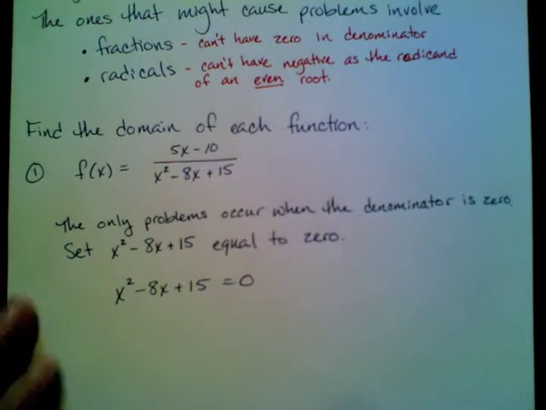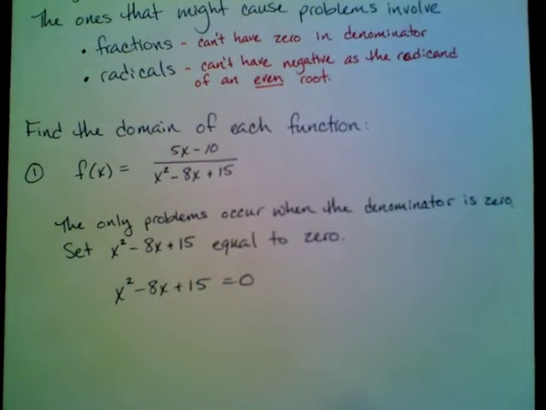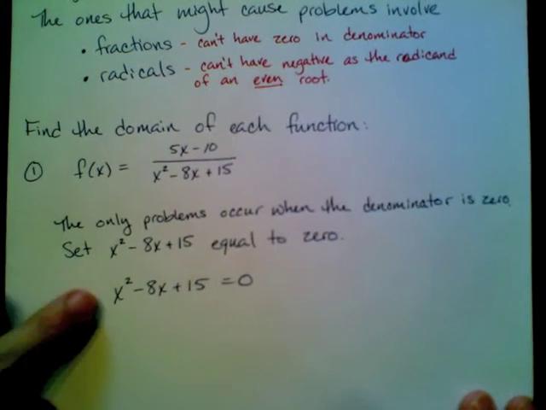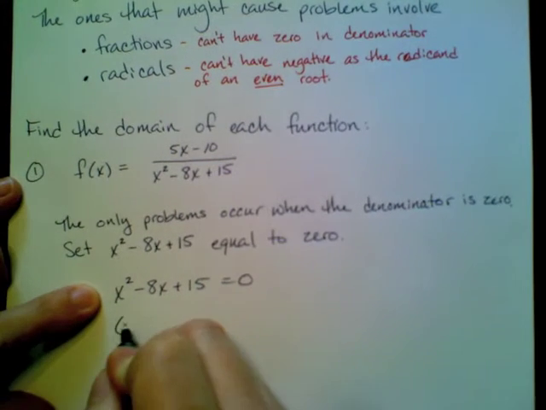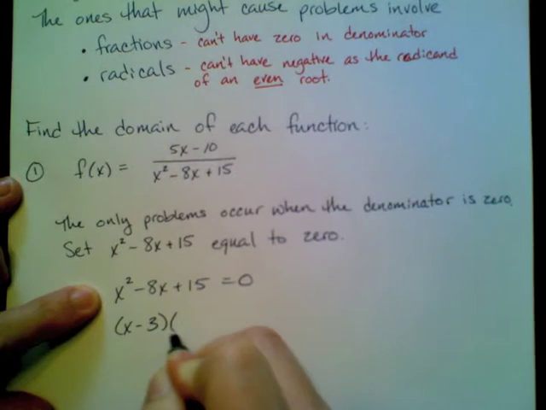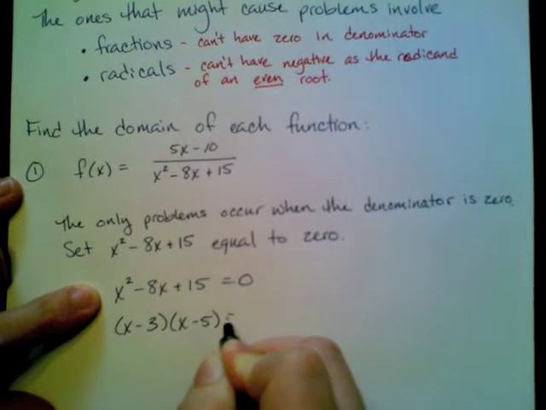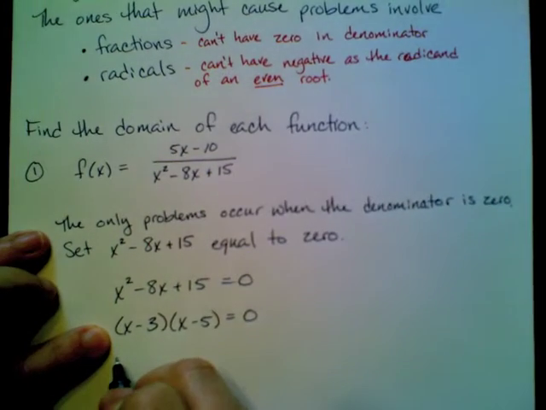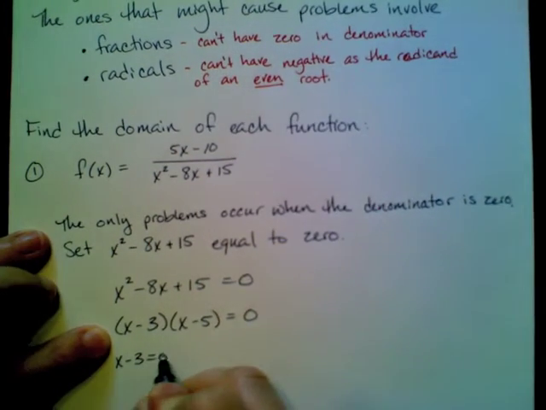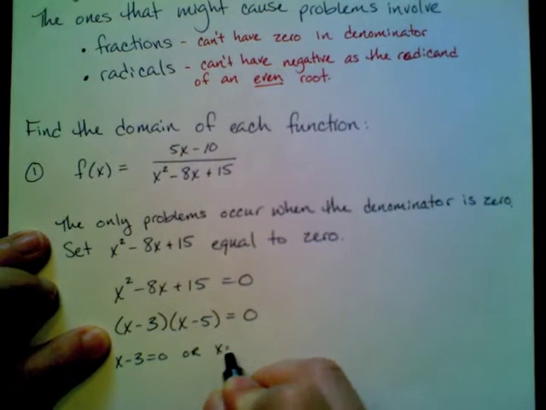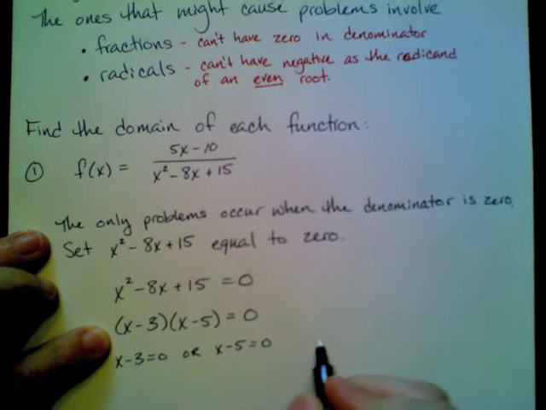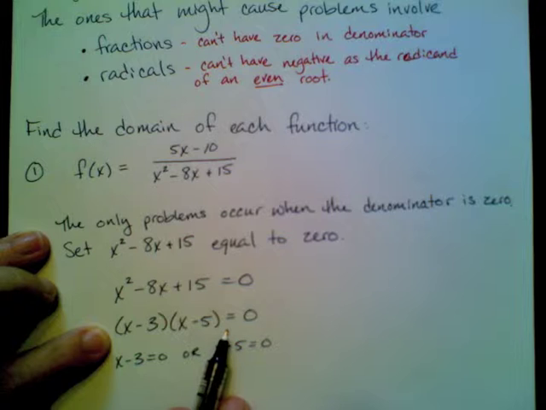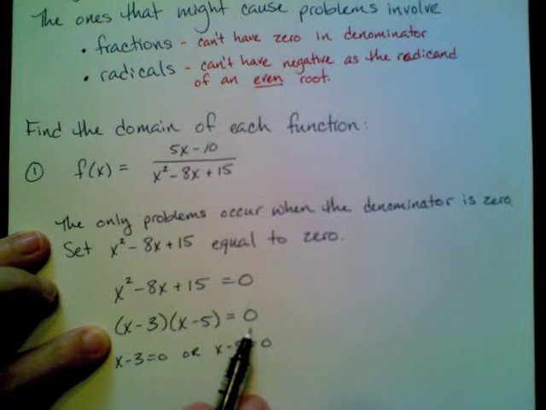There are many ways to solve this. Some people always like to turn to the quadratic formula. However, this factors quite nicely as x minus 3, x minus 5. So that gives me either x minus 3 equals 0 or x minus 5 equals 0. That's from the zero product property.